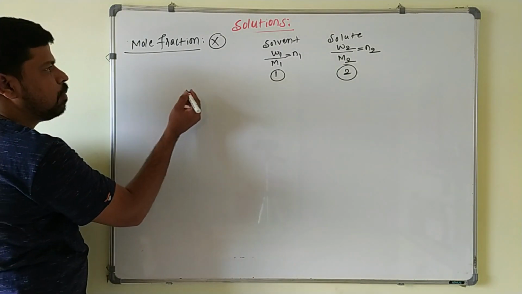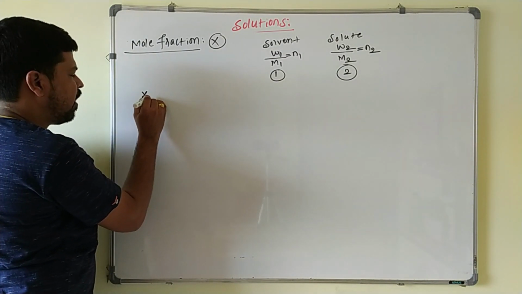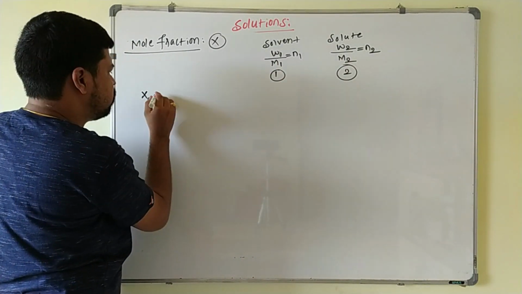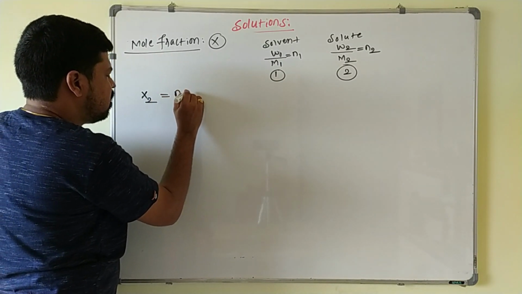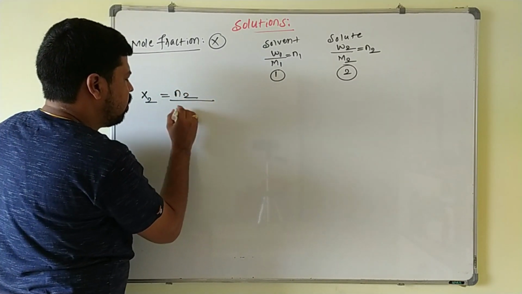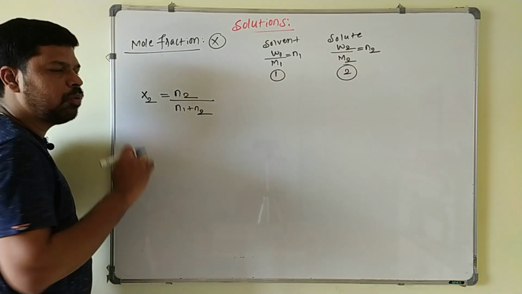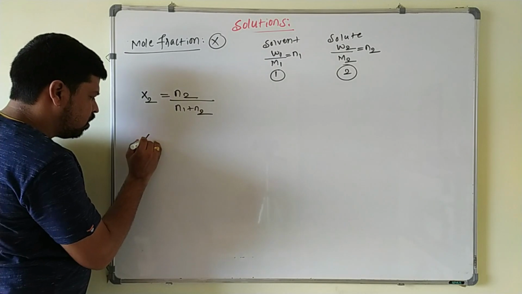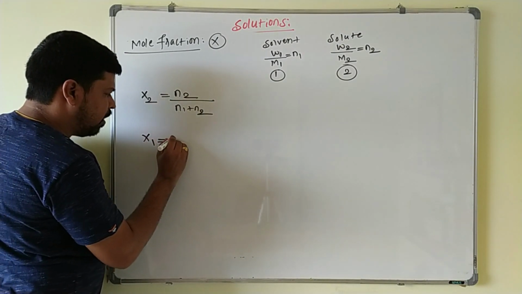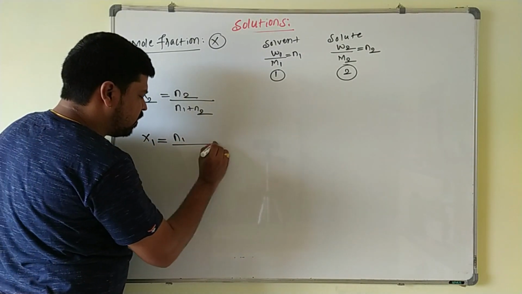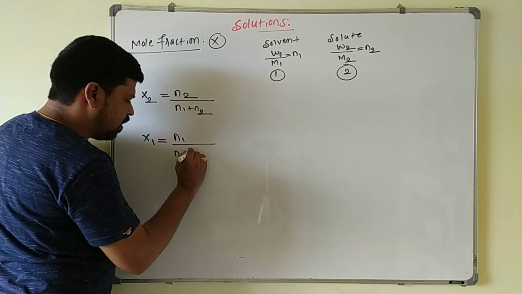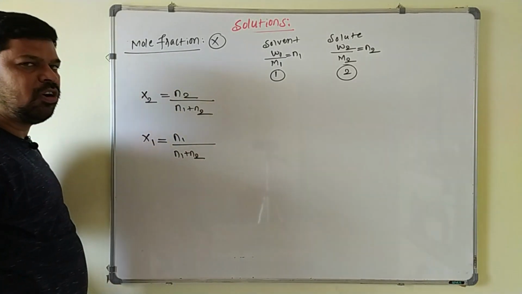Here two components are there, first component and second component. For example, the mole fraction of the second component, X2, is the number of moles of the second component divided by the total number of moles of component 1 and component 2. Mole fraction of the first component is the number of moles of the first component divided by N1 plus N2, the total number of moles of all the components.